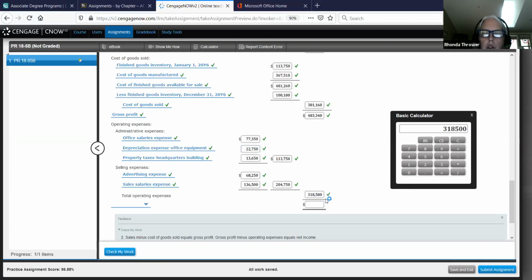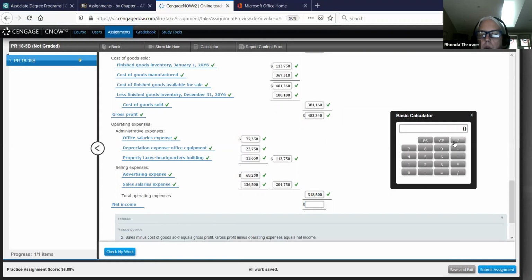Once you know what your total operating expenses are, you're going to subtract those from your gross profit. What you will be left with is your net income in this case, since they don't have any other types of items listed here.